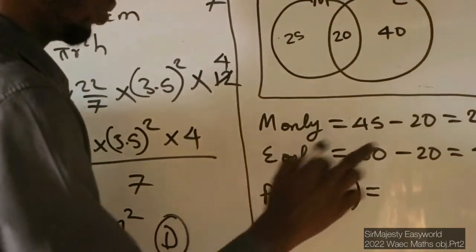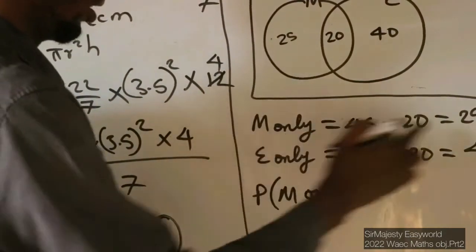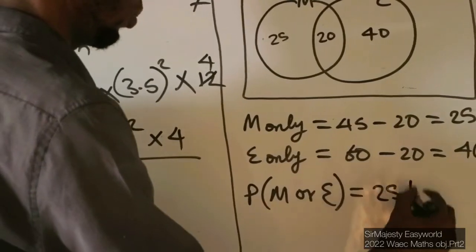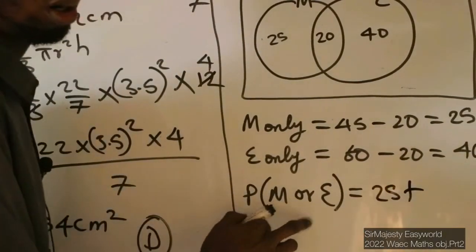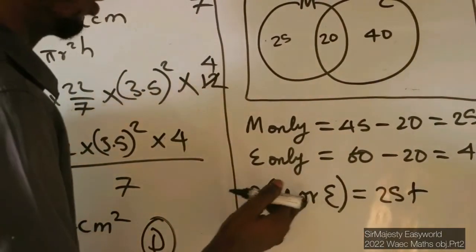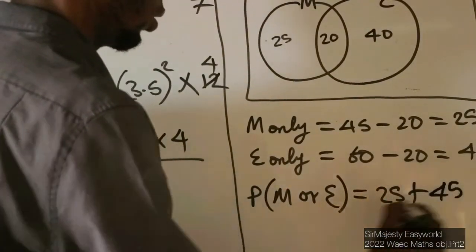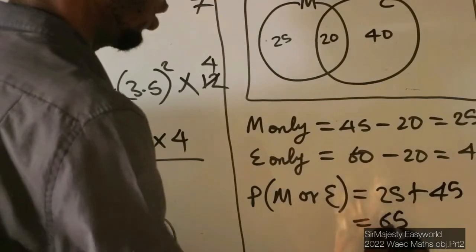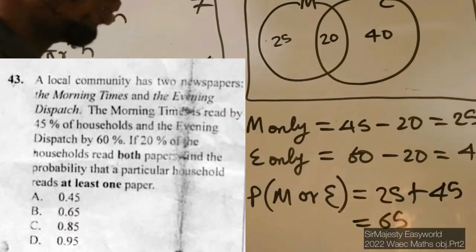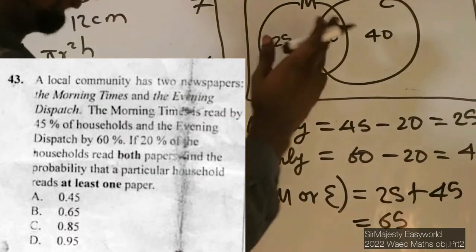The percentage of people who read Morning Times, that is 25, plus, because in probability or means plus. So 25 plus 40, and this is going to give us what? 65. So 65% of people read Morning Times or Evening Dispatch.